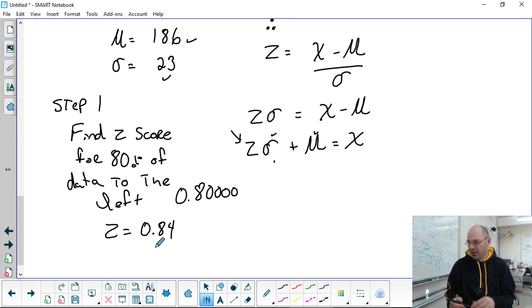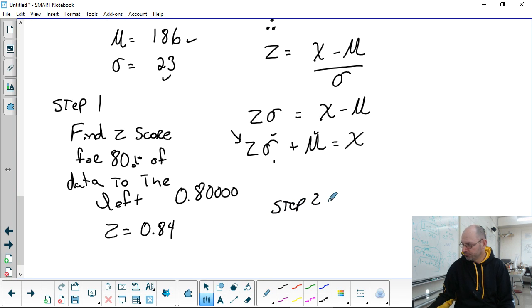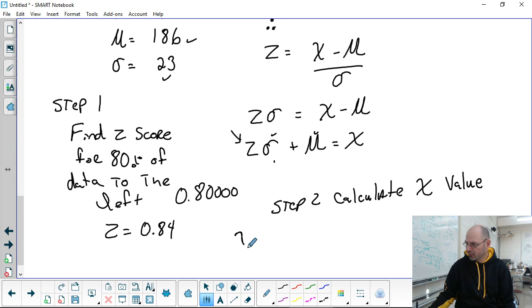I picked the one that looked closer to me. Okay, and then step two is to calculate the x value. Okay, so x equals z times standard deviation plus the mean.